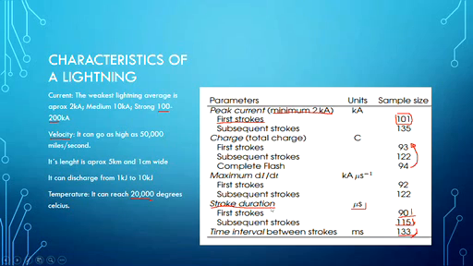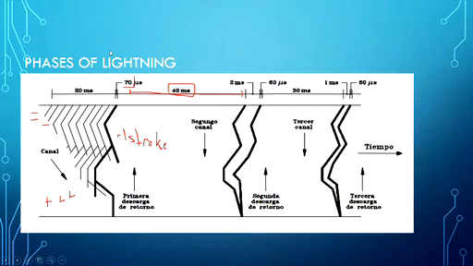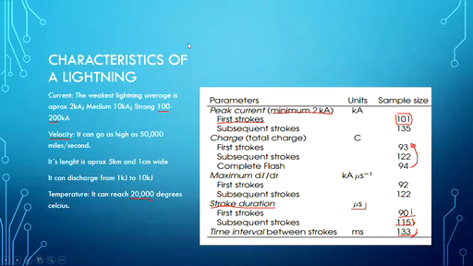For example, we can talk about the duration of strokes and the interval between strokes. Here we can see it was 90 microseconds a stroke, the other is 150, and the interval between them was 133, which is pretty much the same as we saw in the last example.